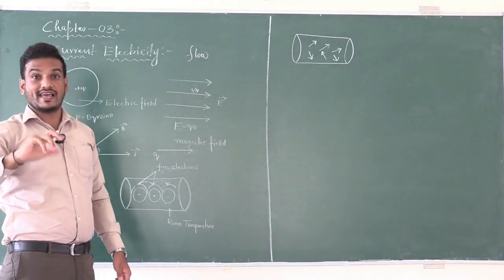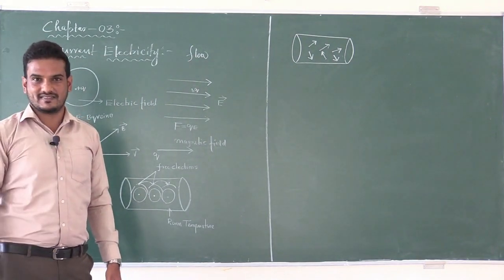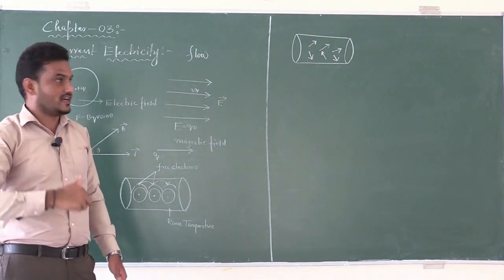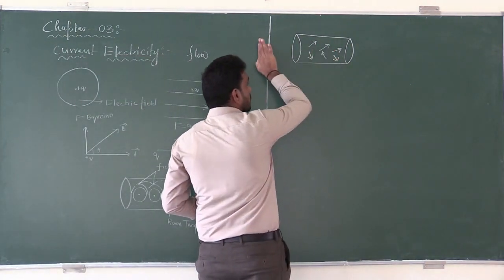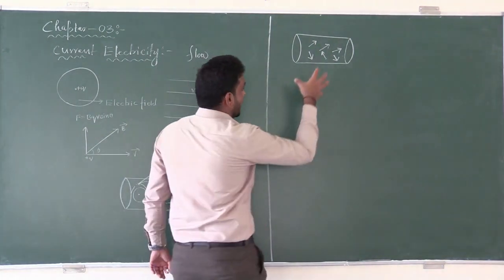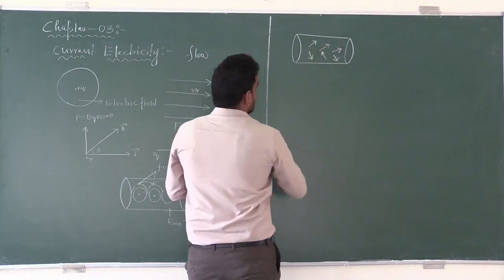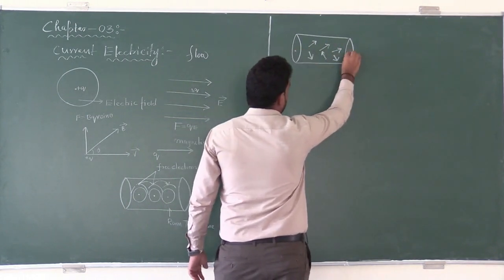Then what is electric current? It is the flow of electric charges. How can we set these electrons to move in a particular direction? I have to set up an electric field. This metallic conductor has two ends, no?